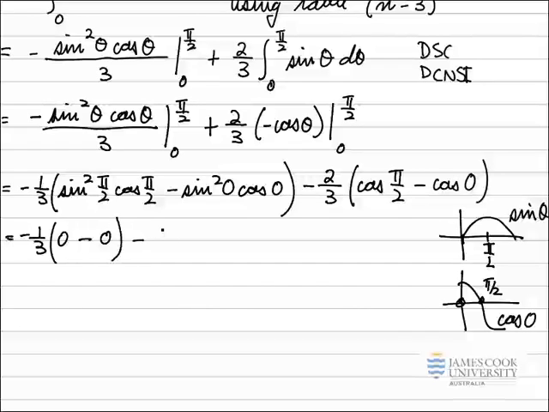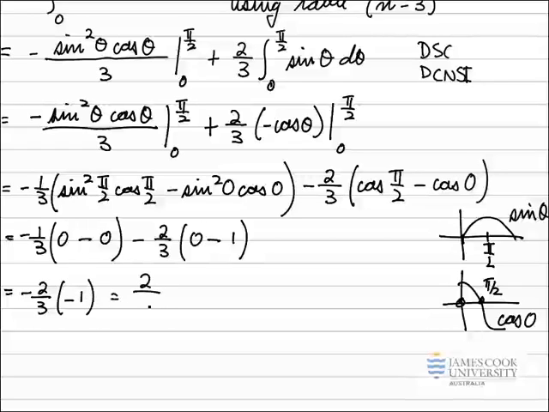The next term, minus 2/3 outside of cos of pi on 2, which is 0, minus the cos of 0, which is equal to 1. The first term there gives us 0, minus 2/3 outside of 0 minus 1, which is negative 1, which gives us an answer of 2/3.